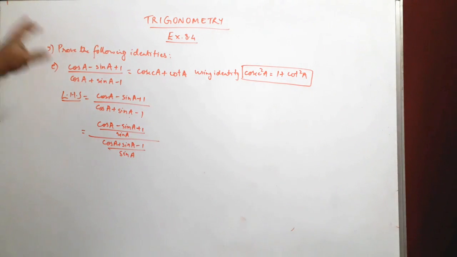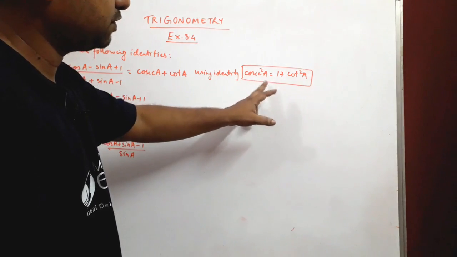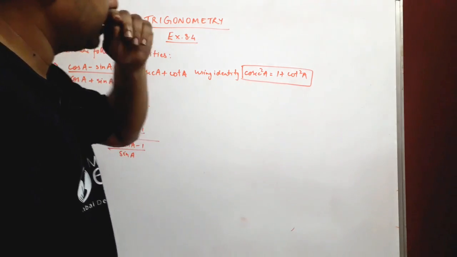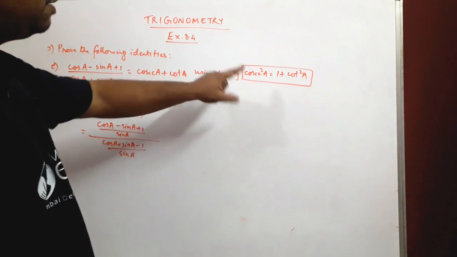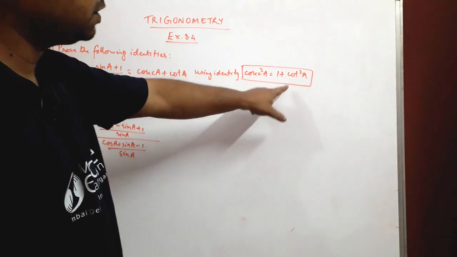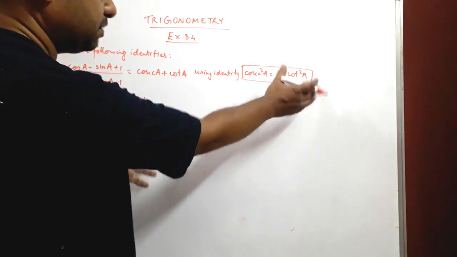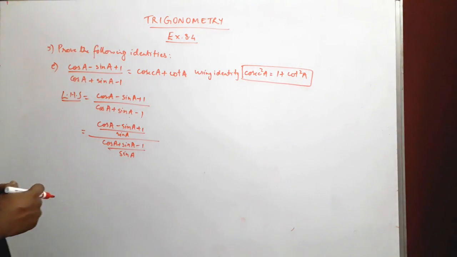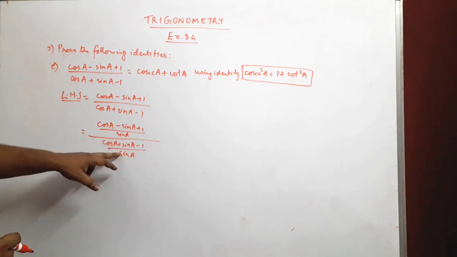At some point we will get cosec square A and we will have to substitute it with 1 plus cot square A, or we will have 1 plus cot square A and will have to substitute it with cosec square A. We will see when we get to that. So now we have taken sin A in both places, so it is balanced.